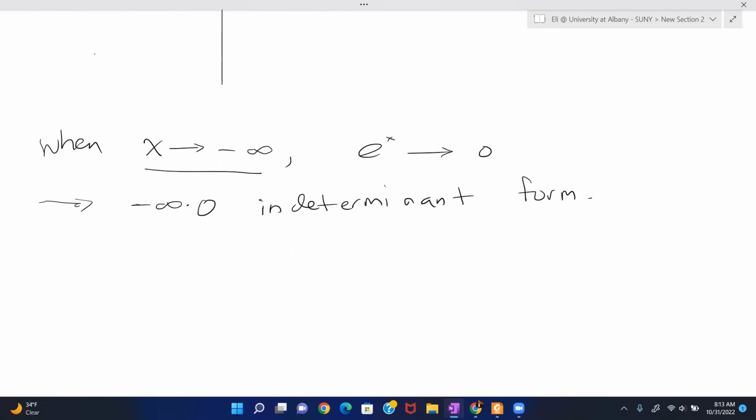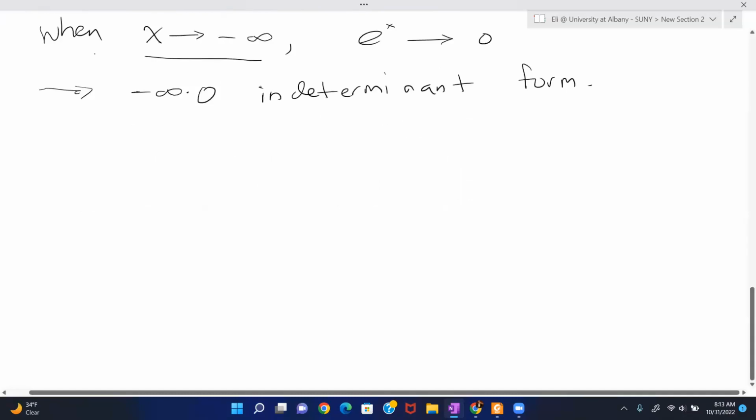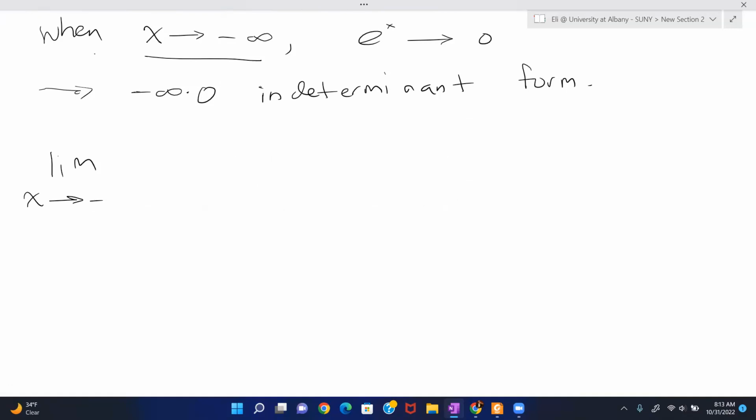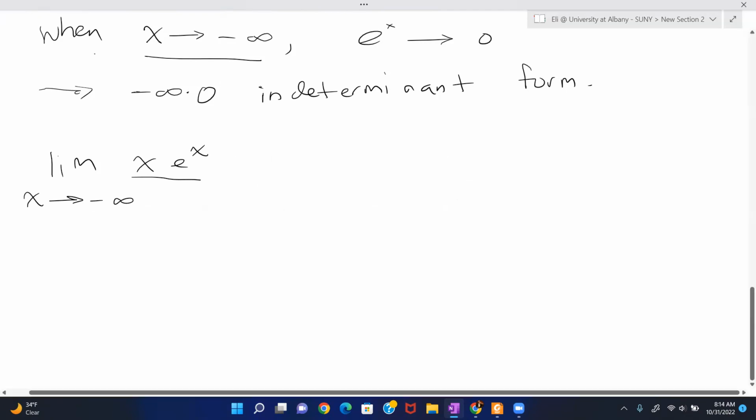So that means we need to do some trick to get it into either 0 over 0 or infinity over infinity. And then at that point we can apply L'Hopital's rule. The trick is as follows. You take the limit as x goes to negative infinity of x e to the x. As I said, when you take that limit, you get this indeterminate form, so you need to do some trick, and the trick is to flip e to the x into the denominator.